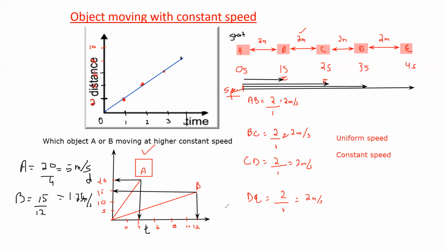Is it clear how we work out that objects with a steeper slope are moving faster? A distance time graph which shows a steeper slope or a greater angle shows that the object is moving at a higher speed. Is it clear?